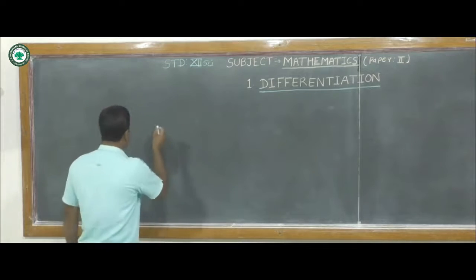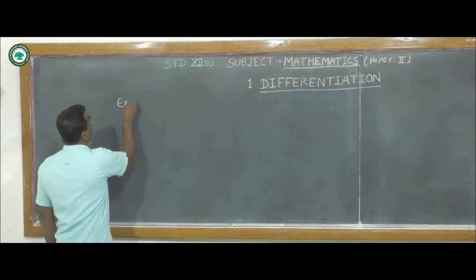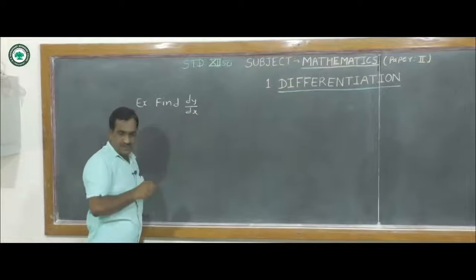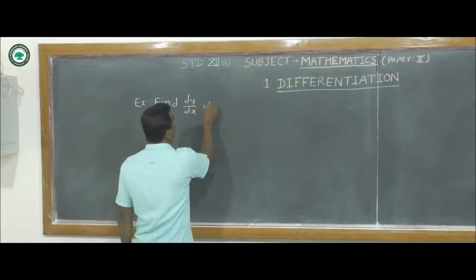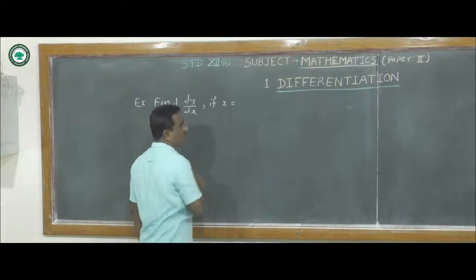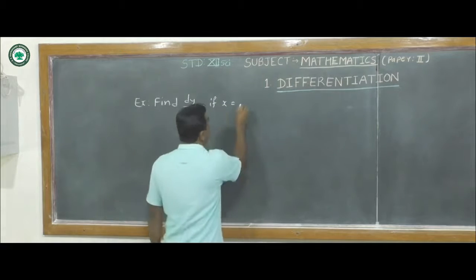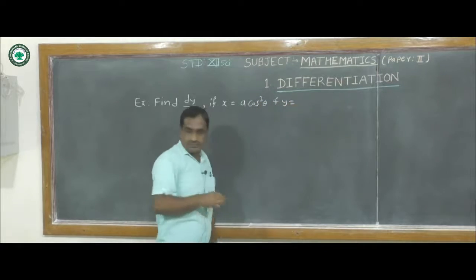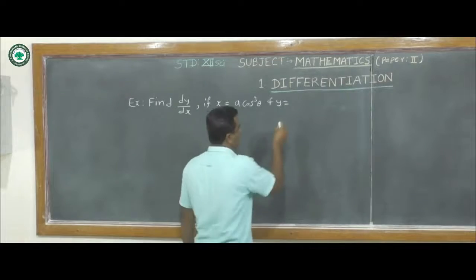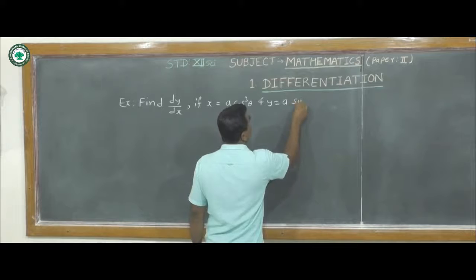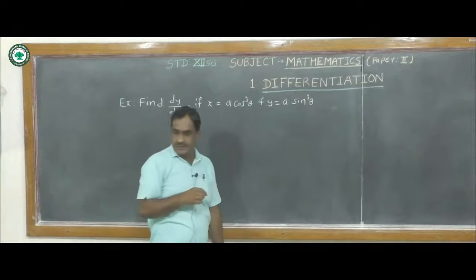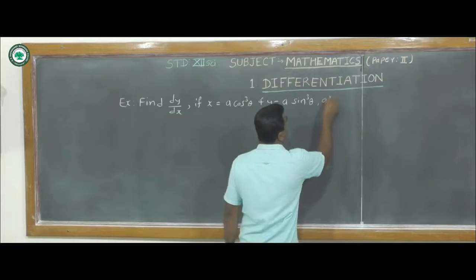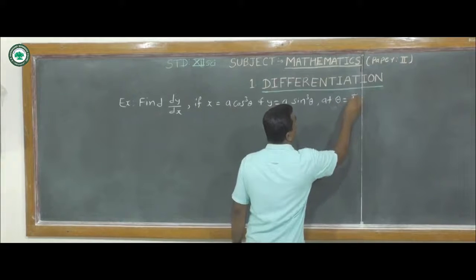Find dy by dx. The first example is: find dy by dx if x is equal to a cos cube theta and y is equal to a sin cube theta, at theta equal to pi by 3.